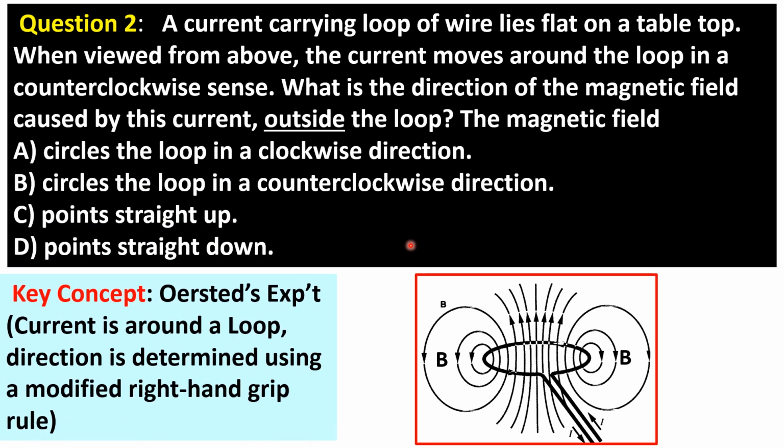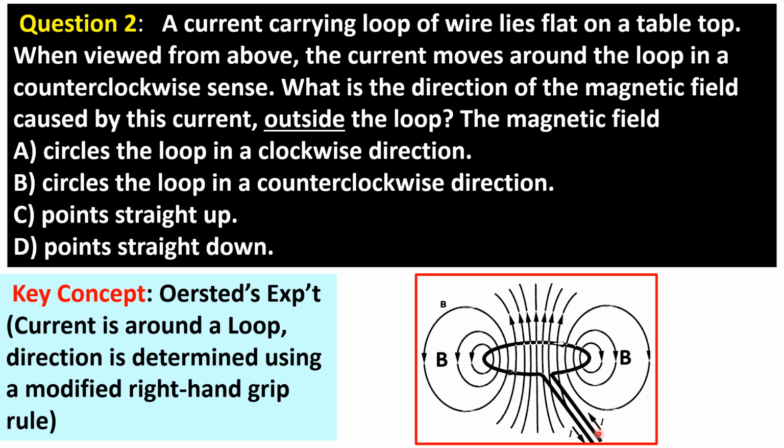All right, so based on Oersted's experiment, if that is the loop, look at the way the direction of the conventional current is represented here.